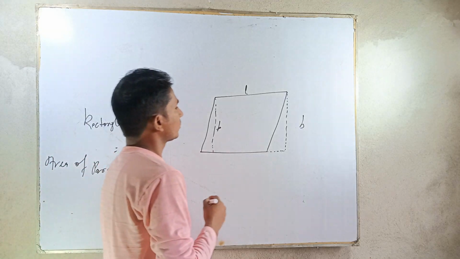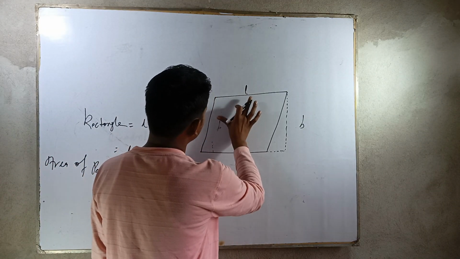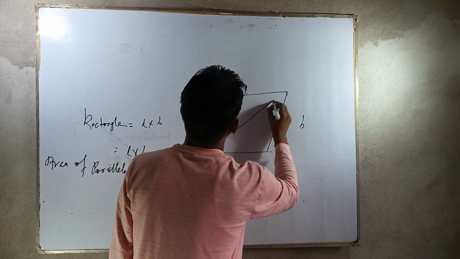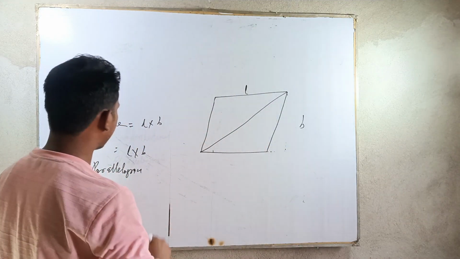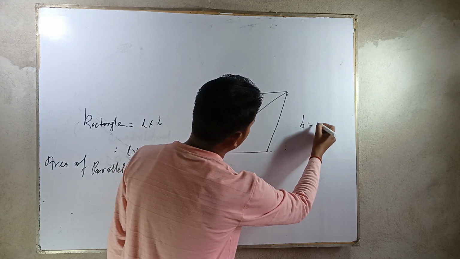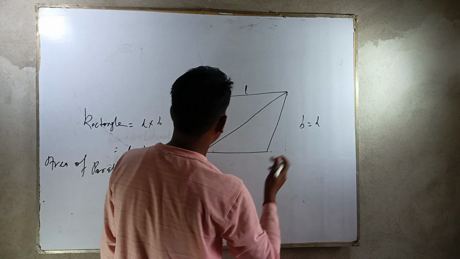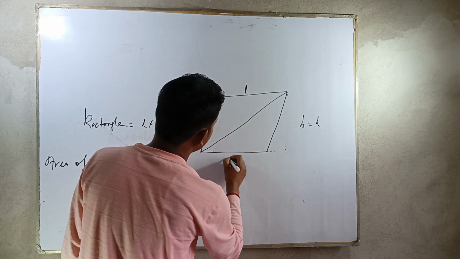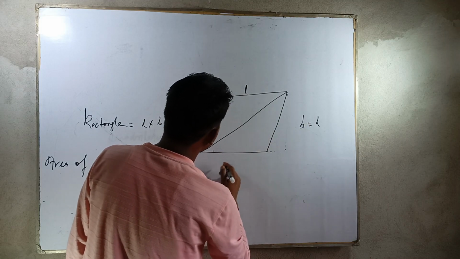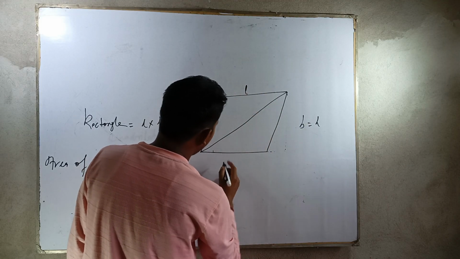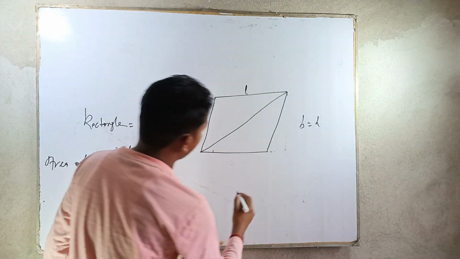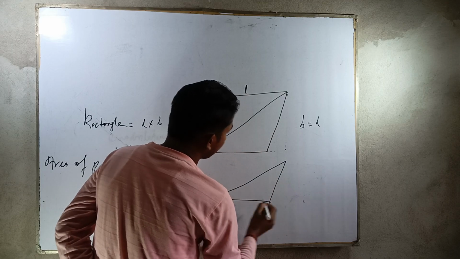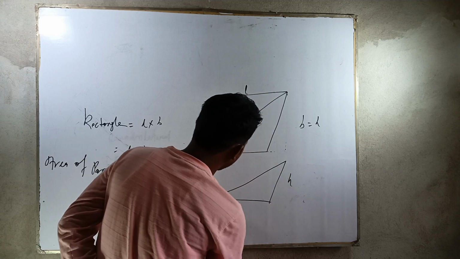And now suppose this parallelogram is divided into two equal parts. I can say that this one is height and this one is base. If I cut this part and bring it into this shape, then this one is height and this one is base.